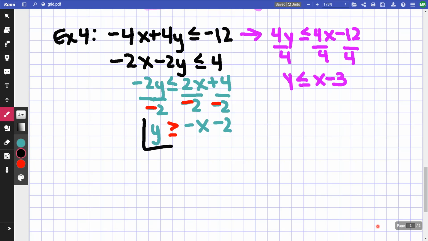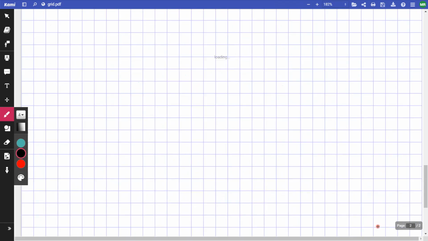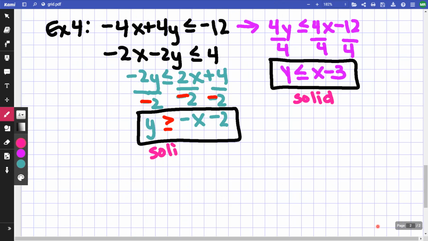So I'm just going to box them, not that I'm done with my problem, but these are the two I'm going to be graphing. Now, for the first one, this is going to be solid. This one's also going to be solid. This one I'm going to shade below.